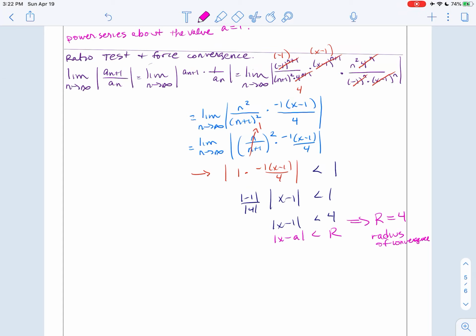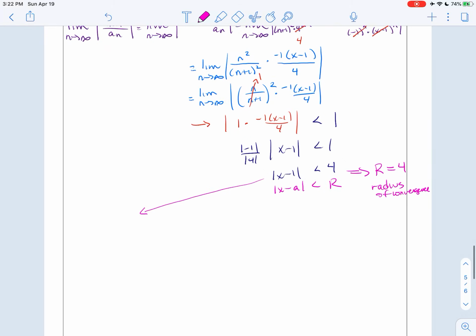Now I want to actually find my full interval of convergence. I want to find the maximum values. And really, with this expression here, I do know that absolute value of x minus 1 less than 4 does translate to minus 4 less than x minus 1 less than 4.